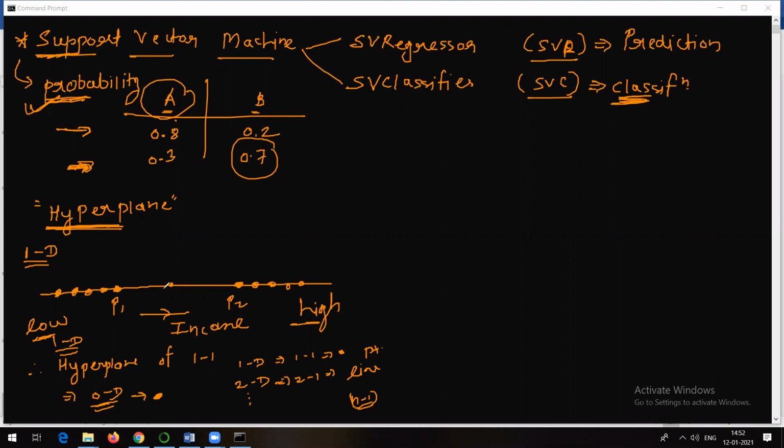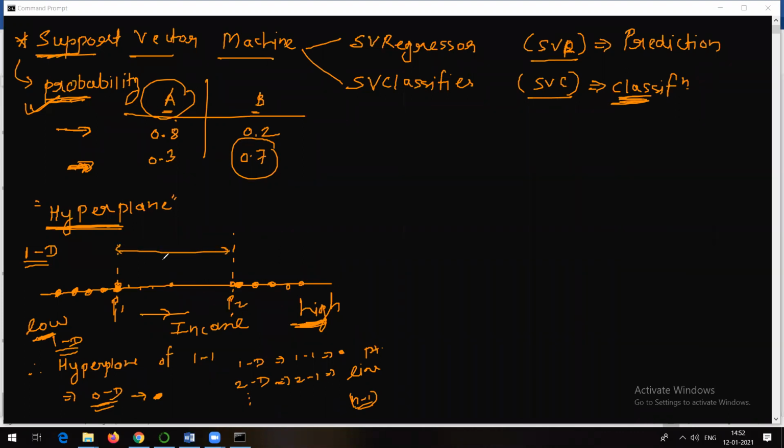What support vector machine makes sure is that, suppose this is the point which belongs to the low income class, and this is the point from the group of people who belong to the high income class. Now we need to come up with such a point whose distance from this point and this point is as maximum as possible. But there are infinite number of points possible in between P1 and P2.